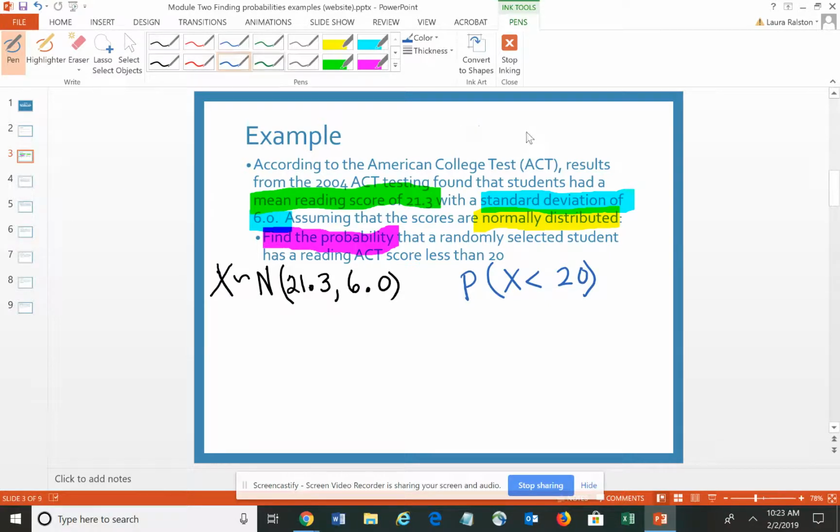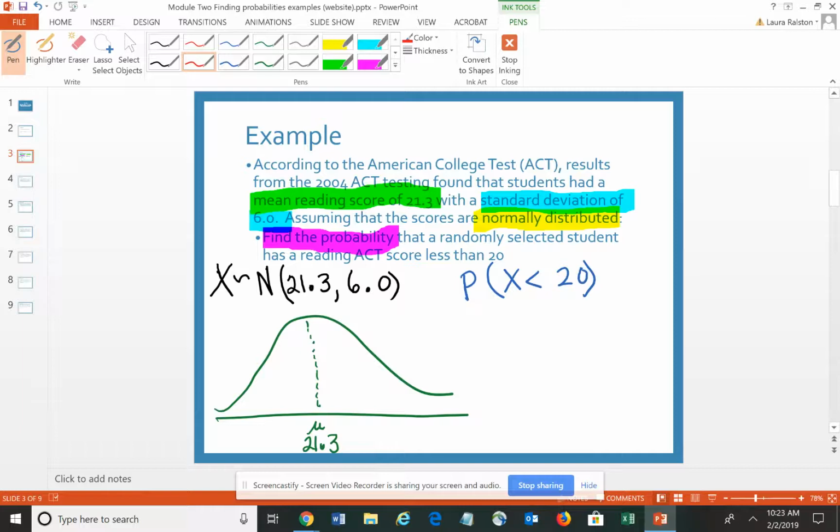Now, I want us to look at a visual. What would this look like visually? So we know we have a normal distribution. So you're going to have the horizontal axis, the bell-shaped curve. We label the mean in the middle, which is given to us as 21.3. And then we have to think about where values less than 20 would be.